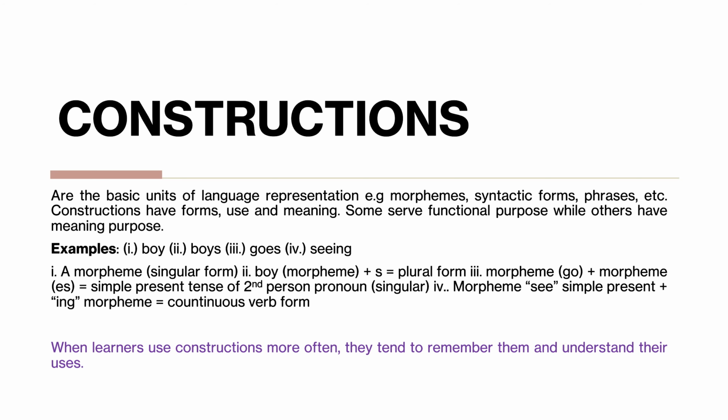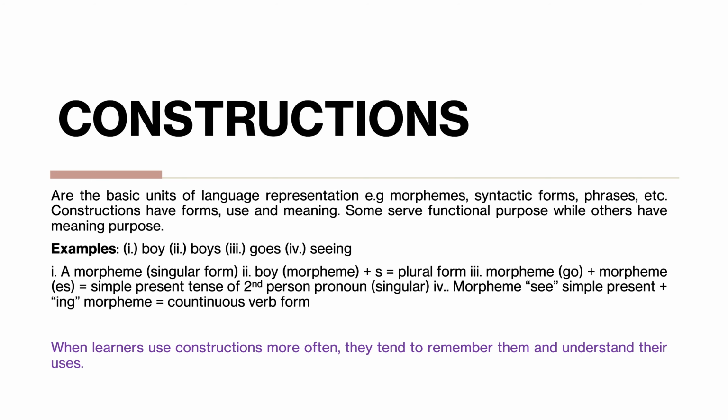When learners use constructions more often, they remember them easily. For example, the word "boy," B-O-Y, is heard by a learner and is interpreted or understood to refer to a male, a human being, singular, just one.